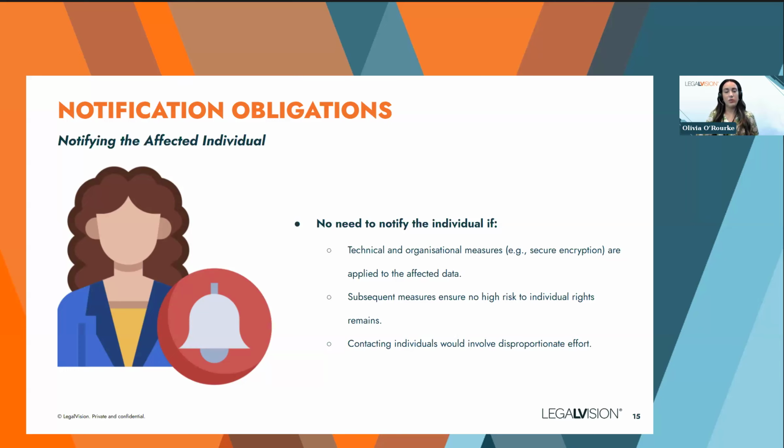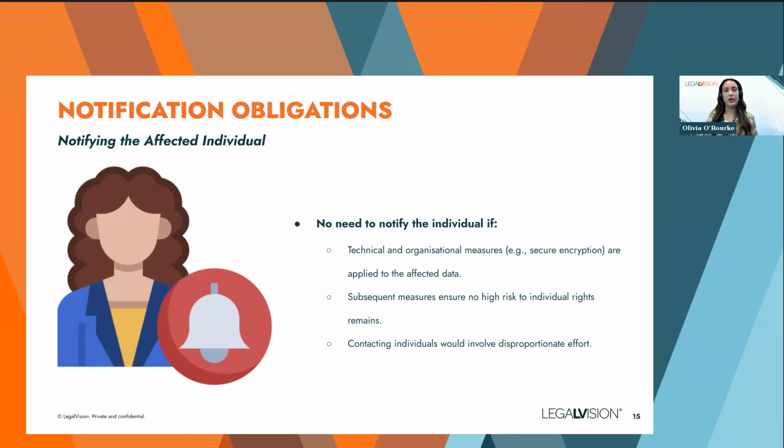In any event, I think what's really important for businesses to take away is that you should record your decisions on whether to notify the ICO and/or the affected individual, and keep a record of this. So let's just say that in future, a data subject finds out about this and they make a complaint to the ICO, and the ICO questions how you handled that data breach.